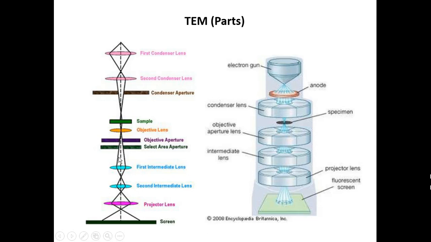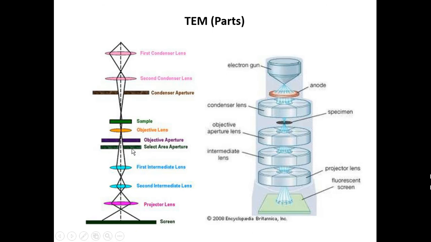From this onwards we have the magnification of the image, obtained here in the form of an electron beam. That beam is then passed through the objective aperture, made available after the objective lens, the selected area aperture.